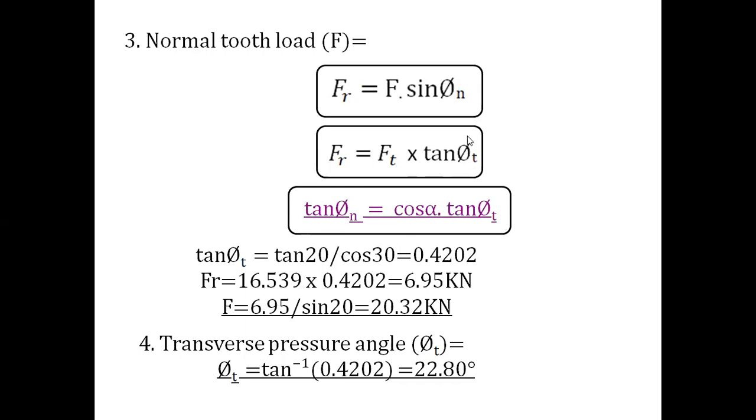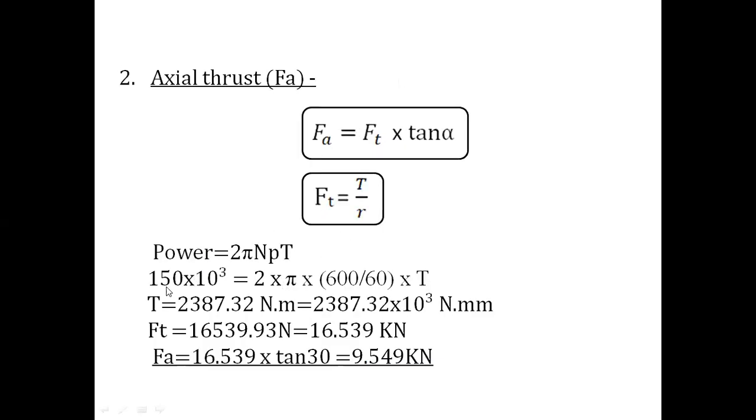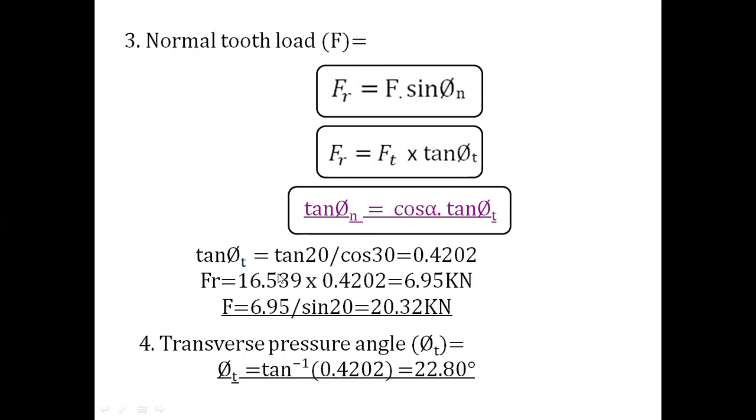So putting the value of tan phi t in this equation, and the value of Ft we have already found out, Ft is equal to 16.539 kilonewton, into tan phi t is equal to 0.4202, we are getting the value of Fr, the radial force, is equal to 6.95 kilonewton.